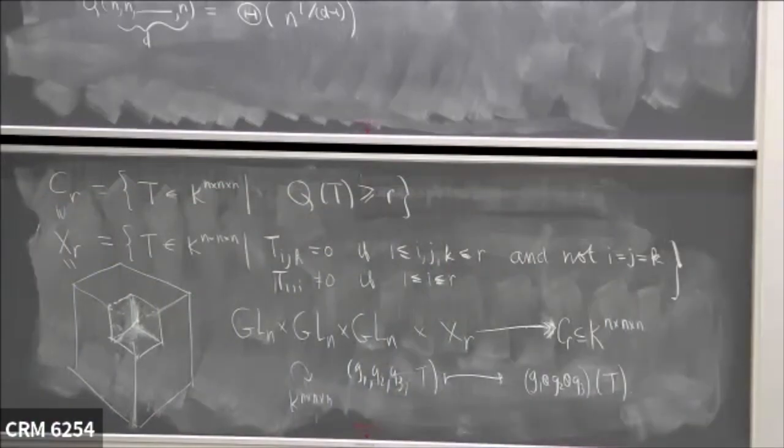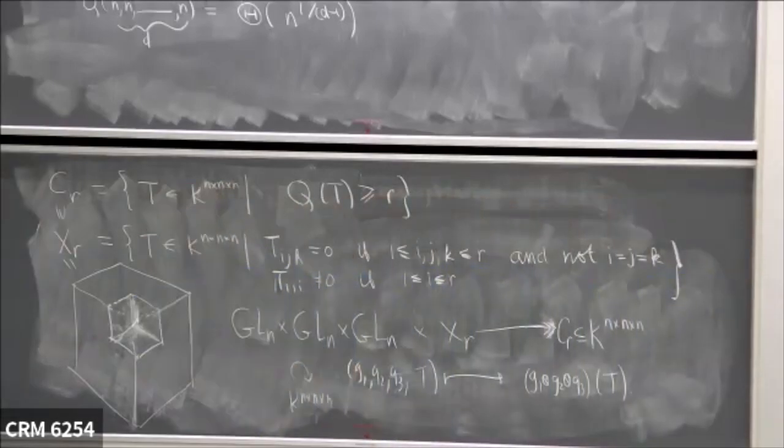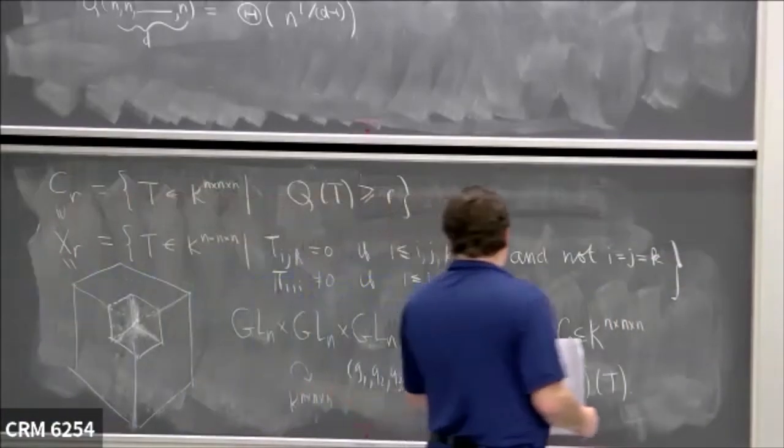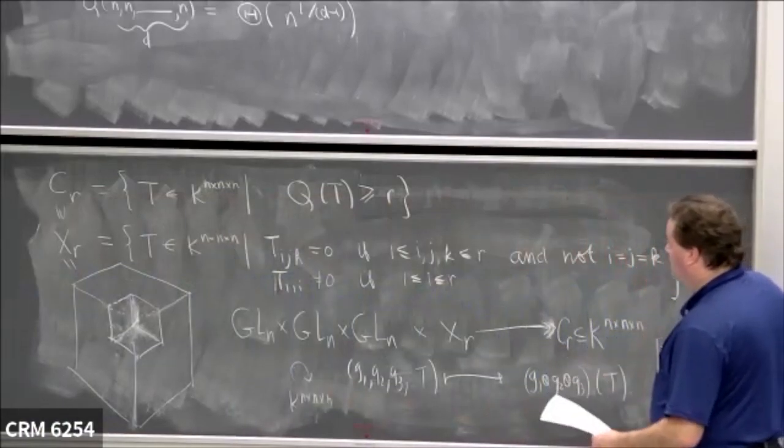Right, because just by the definition of subrank, there should be these maps phi 1, phi 2, phi 3. And basically, they will project onto some space. So anyway, this is the picture.